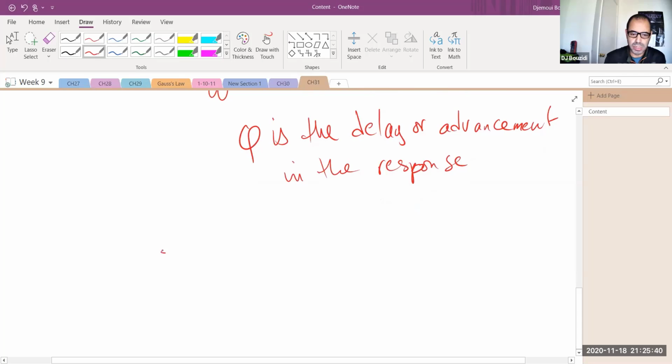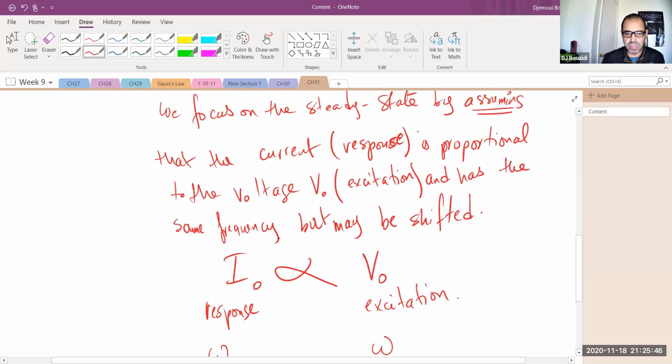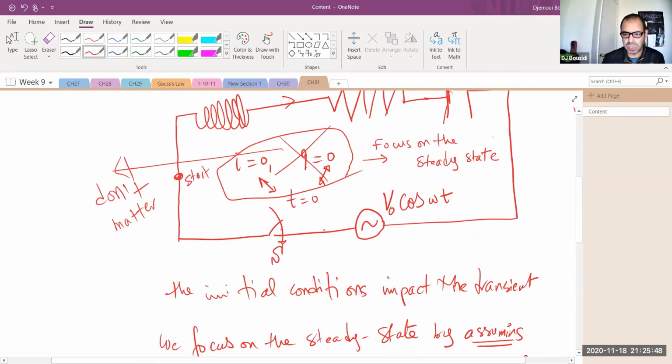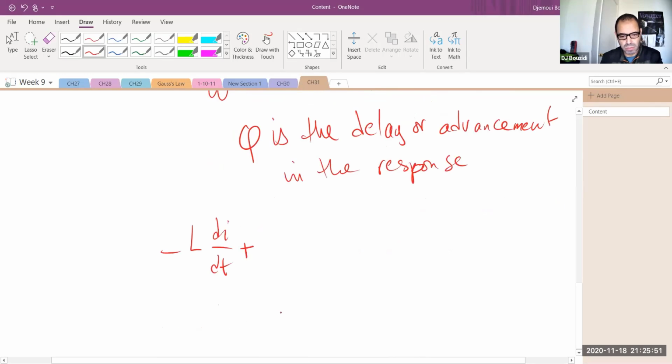So Kirchhoff's rule: negative L di over dt, plus the voltage drop across the resistor, which is going to be another drop, so it's going to be negative, minus Ri, minus another drop in the capacitor, q over C, plus now the voltage, I'm going to write it exactly the way that it was written, V naught cosine omega t, is equal to 0.